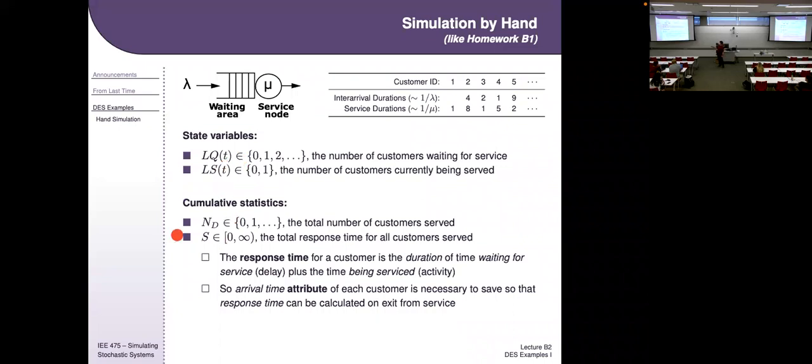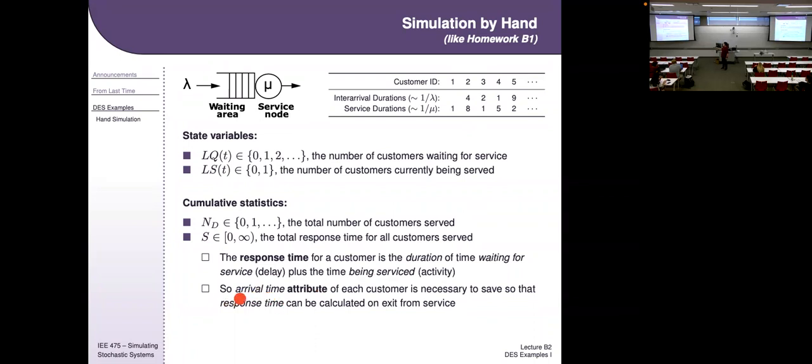We keep track of the number of departures, which is any number from 0 to infinity, and the total response time accumulated across all customers, like I was explaining earlier. Response time is when the customer left the system minus when they arrived at the system. So it's their total time in the system, not just their service time. So every customer's response time will be larger than or equal to their service time. So customer 2 will have a response time of 8 or larger in this particular example.